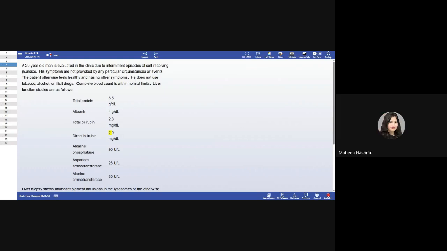Okay, I need you guys to give me one cause of increased direct bilirubin and one cause of increased indirect bilirubin. Come on. For direct, you have Rotor syndrome or Dubin-Johnson, and for indirect, you have hemolytic jaundice of the newborn, or anything with hemolysis causes indirect bilirubin.